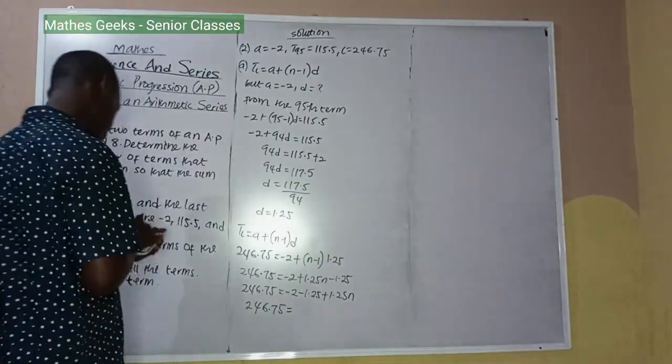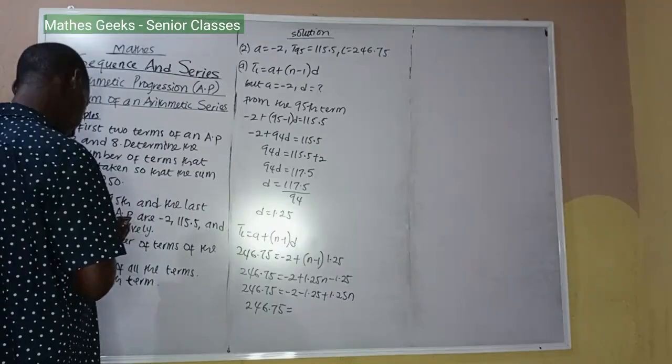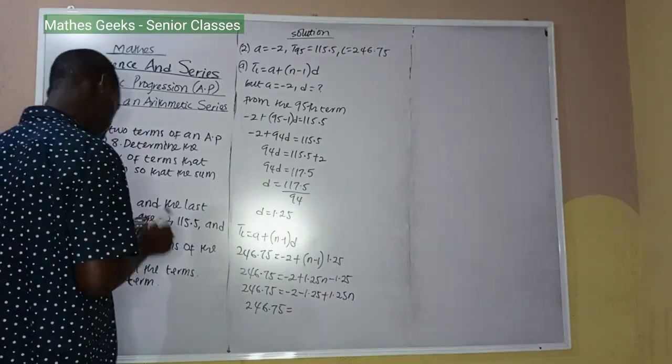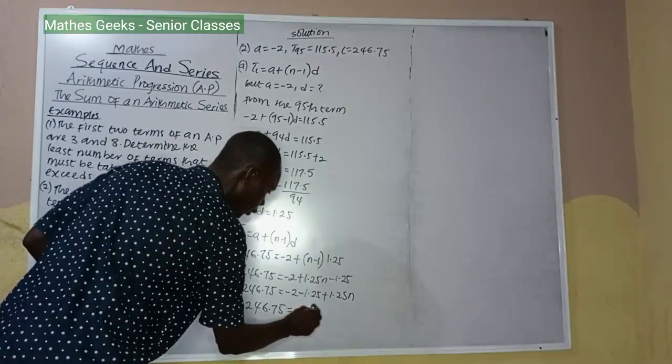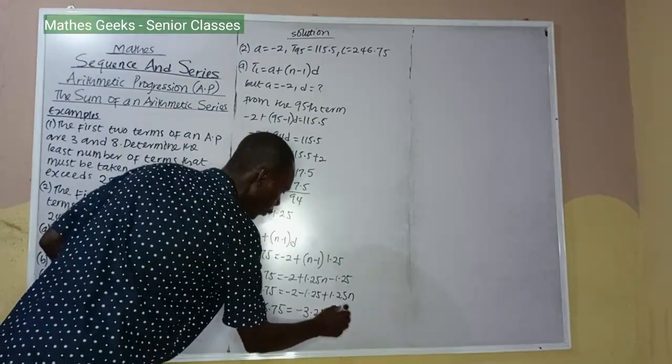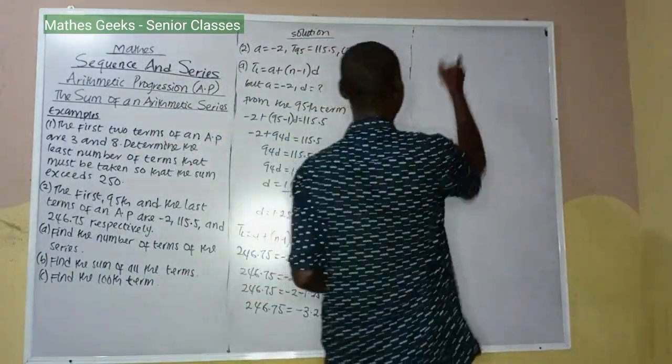That is minus 3.25 plus 1.25n. So collect like terms.